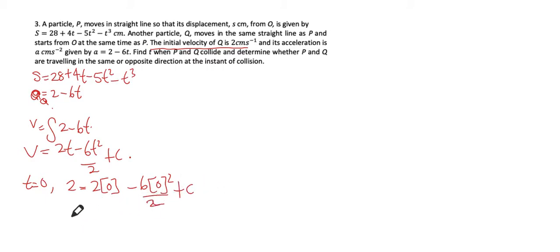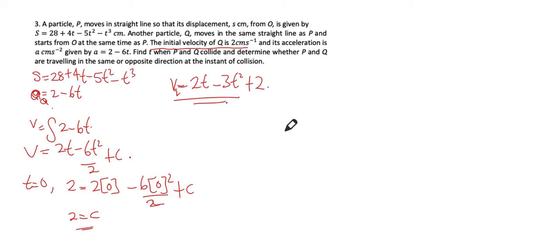From here we know that is 0, so c equals 2. So the velocity equation is v equals 2t minus 3t square plus 2. That's for Q, the velocity of Q.